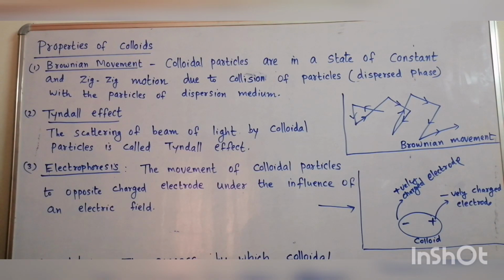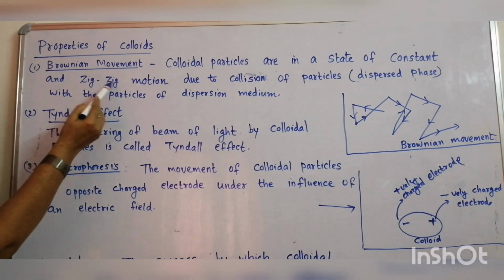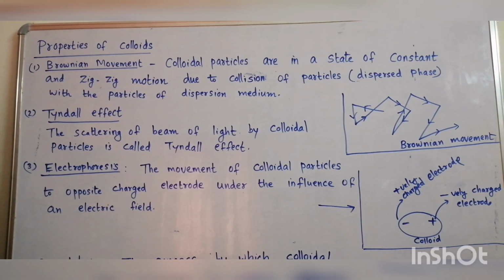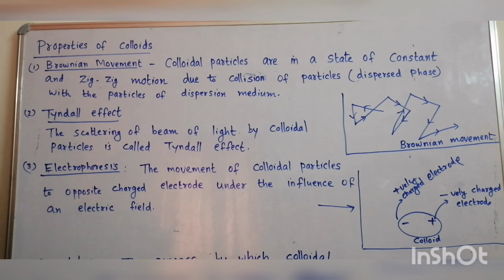They hit each other and bounce back. They always move in an irregular way called zigzag way. Because of this collision, the particles are always in a state of motion. This movement is called Brownian movement.